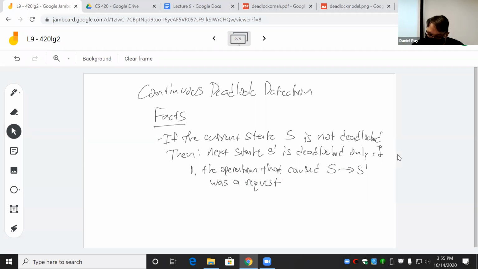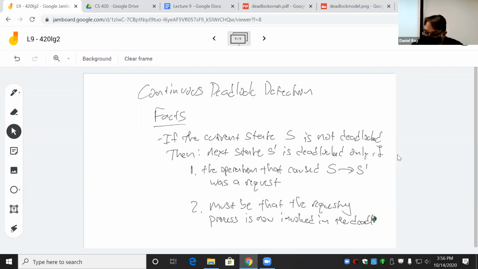And two, it must be that the requesting process is now involved in the deadlock. Okay? Because a requesting process cannot cause a deadlock without being blocked, without being the trigger to that deadlock. Okay, does that make sense?